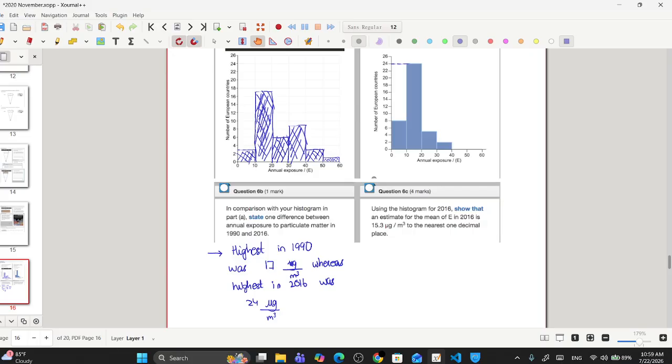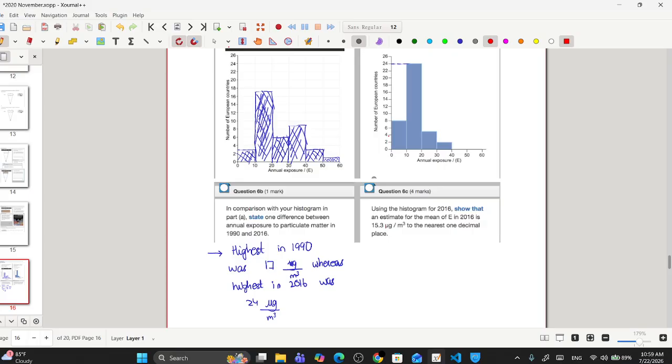Use the histogram for 2016, this one, to show that an estimate for the mean of E in 2016 is 15.3 to the nearest one decimal place. Now, when we are using a histogram for this example, the first thing that we have to do is find the midpoint of each class.